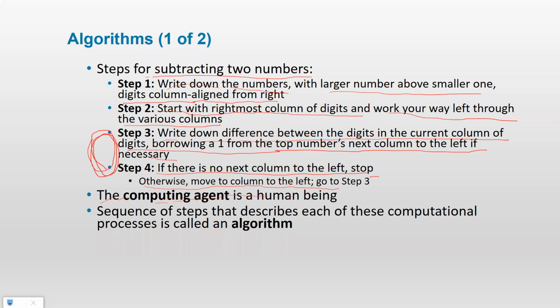Algorithm is extremely important, but computing agent not, it just means a human being. But in that reinforced quiz, it will ask you, what is a computing agent? So that's why I'm not requiring you to do that. Okay.